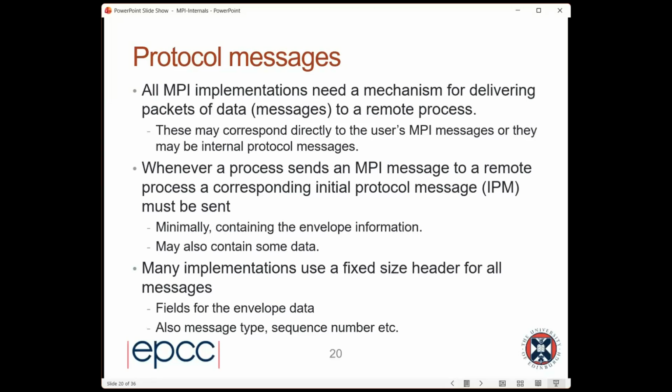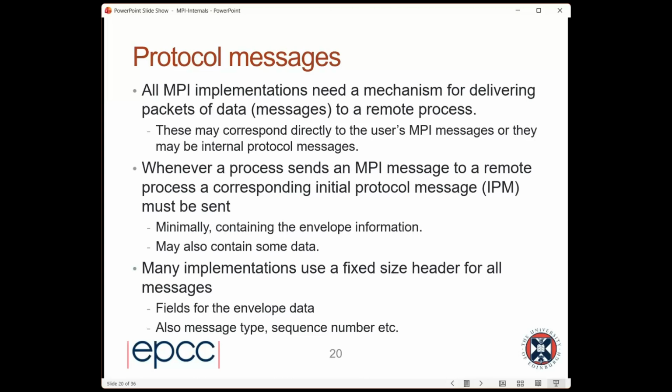Minimally that will just contain the envelope information. By the way, Dave is trying to send you 1,000 bytes; you're going to expect it in the future. It may also contain some data, we'll come back to that. But your model is that it's an initial contact: I'm going to send you some data.